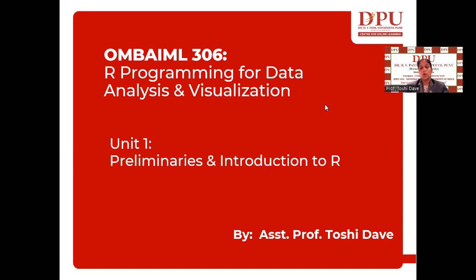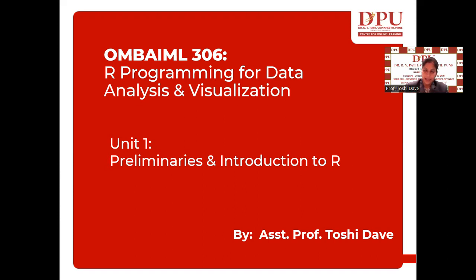Okay, so here we go with unit number 1, and the title of the unit is Preliminaries and Introduction to R. Now, before we proceed further, as you all know, you have enrolled for the MBA specialization in artificial intelligence and machine learning, and this course is also common in business analytics. You might be surprised why these two courses have a common subject.